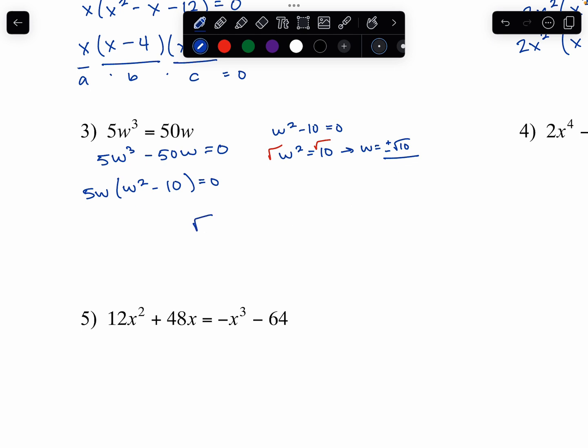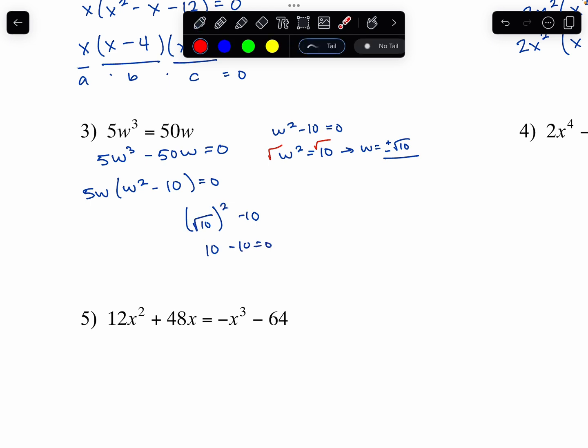So if I do square root of 10 squared minus 10, notice here that I'm just plugging in square root of 10 into w. I'm squaring it, and then I'm subtracting 10. Well, the square root of 10 squared is going to be 10. These are inverse operations, square root and squared. So this becomes 10 minus 10, which becomes 0.